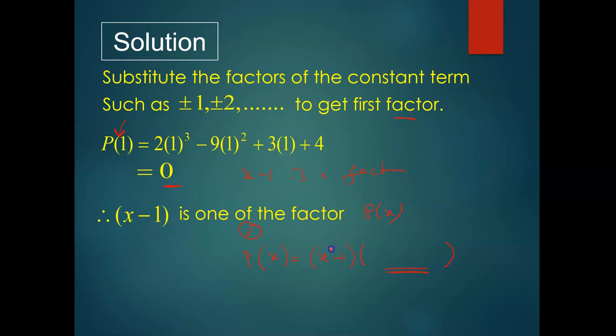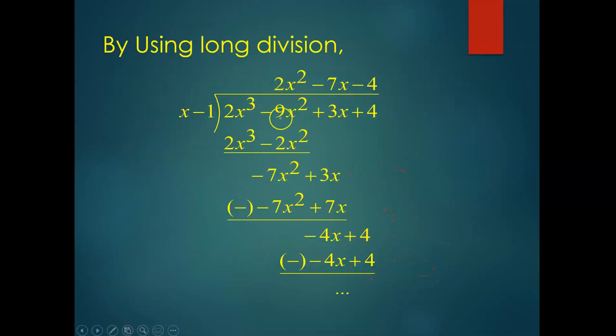You already took out a linear factor, meaning that you are left with a quadratic in the other bracket, ax squared plus bx plus c. So you must find this a, b and c. How do we find a, b, c? First method, you use long division. This is your p(x) and this is your d(x) just now, right?